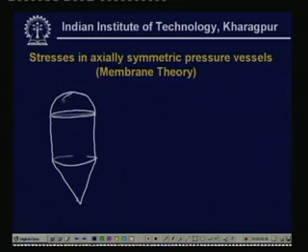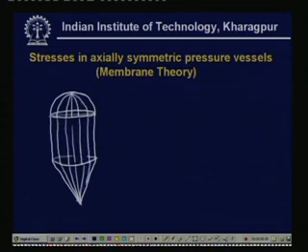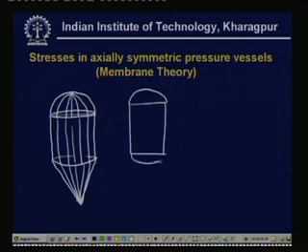Now, this is axially symmetric. If you have joints, it will look very much the same throughout. So, this is axially symmetric. And then maybe of course, cylindrical, as I have shown already, which is again axially symmetric.